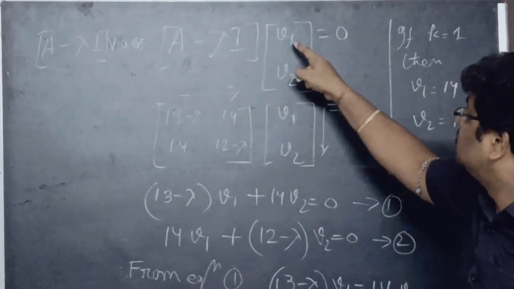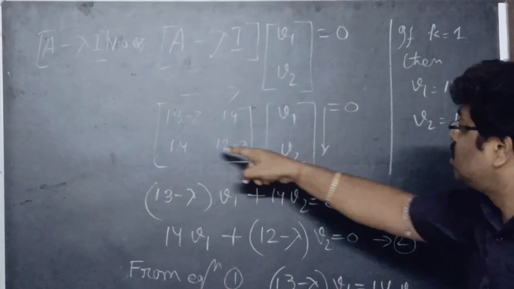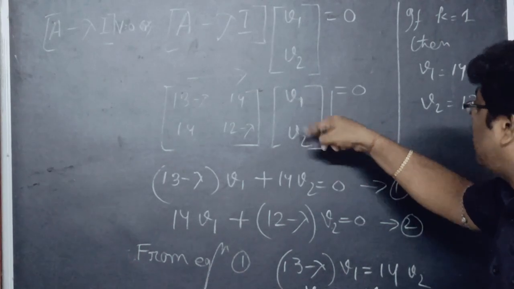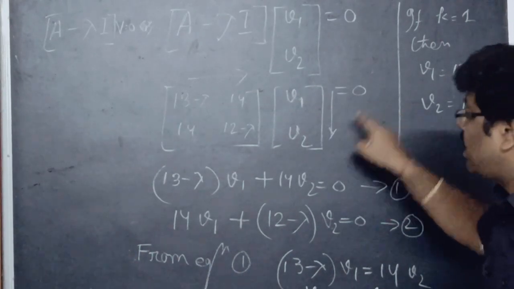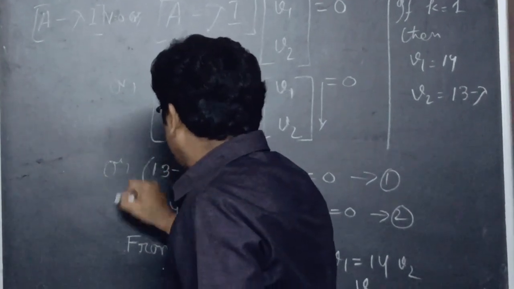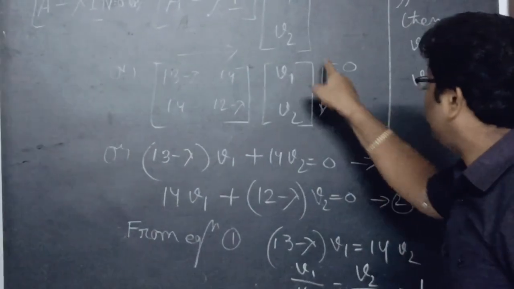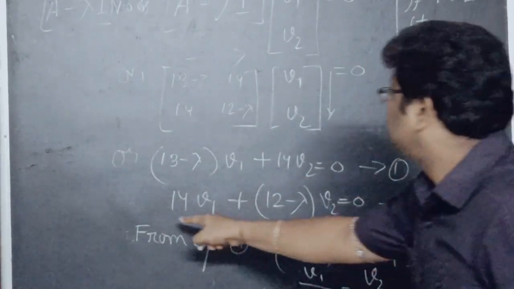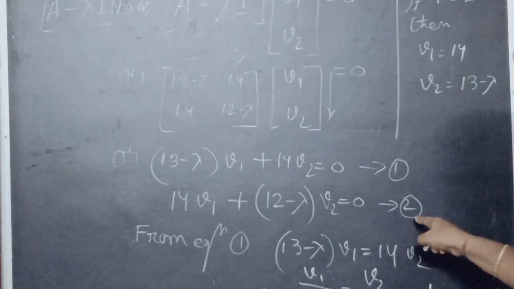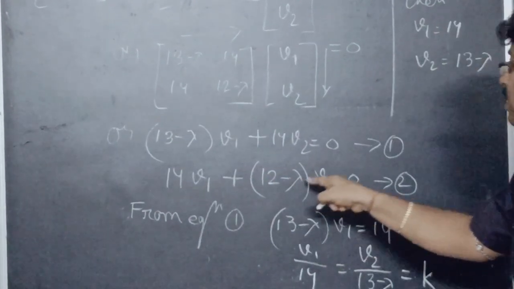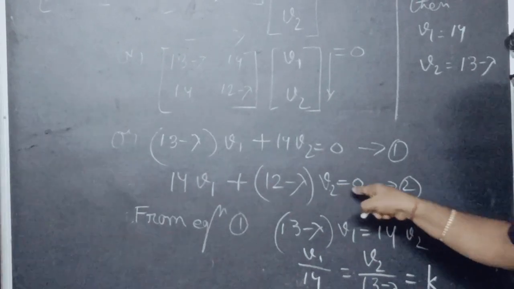Now this is the matrix, and after matrix multiplication we have equation 1 and equation 2. Equation 2 is 14 v1 plus 12 minus lambda v2 equal to 0.